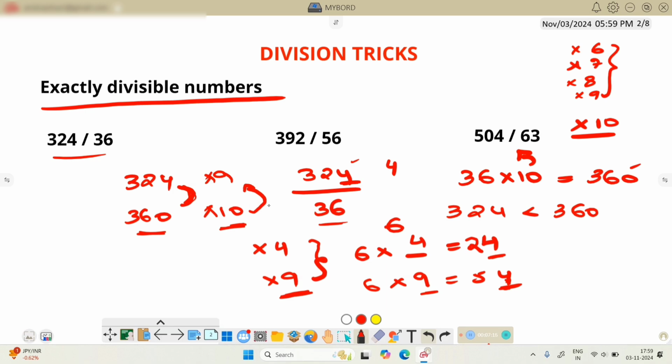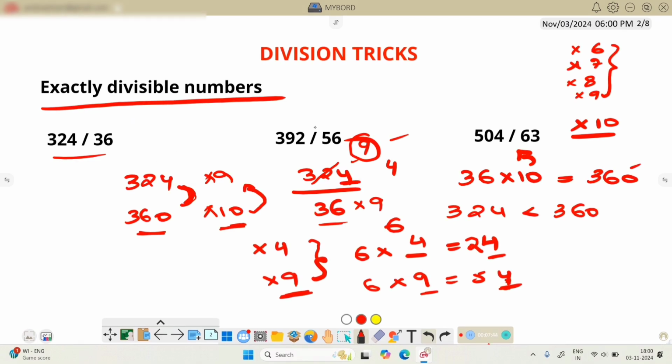If you multiply 36 with 9 you will get 324. So your answer is 9. In this way you can find exactly divisible numbers. If you practice this trick more, you can easily solve it in mind calculation, without pen and paper, you can simply solve the divisions.